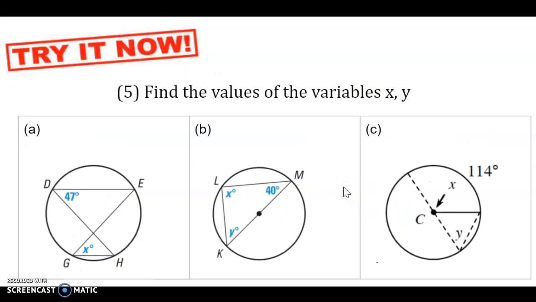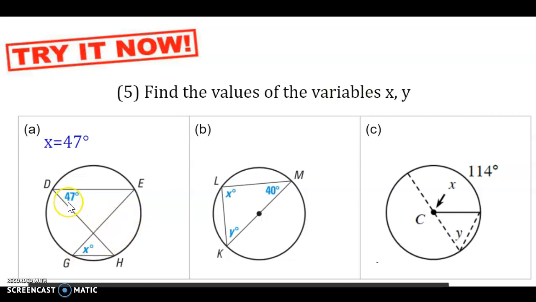Great. Let's do some more problems. Find the value of the variables x and y. This is our x variable. So x is going to be the inscribed angle of arc EH, so they're going to be the same in measure.